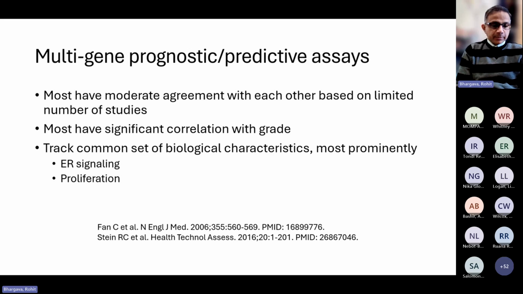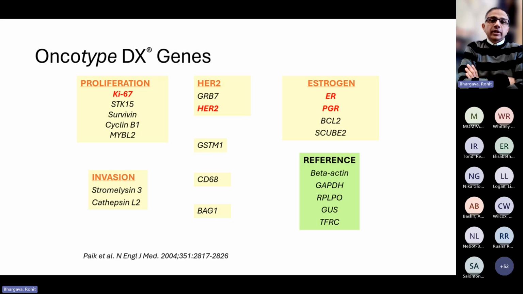One aspect that is not that highlighted in these papers is that most have significant correlation with grade. And also they track a common set of biological characteristics, most prominently ER signaling and proliferation. Just taking the example of Oncotype DX, as you can see, the majority of the genes can be grouped into three major groups: the estrogen and estrogen receptor related group, HER2 group, and the proliferation genes.